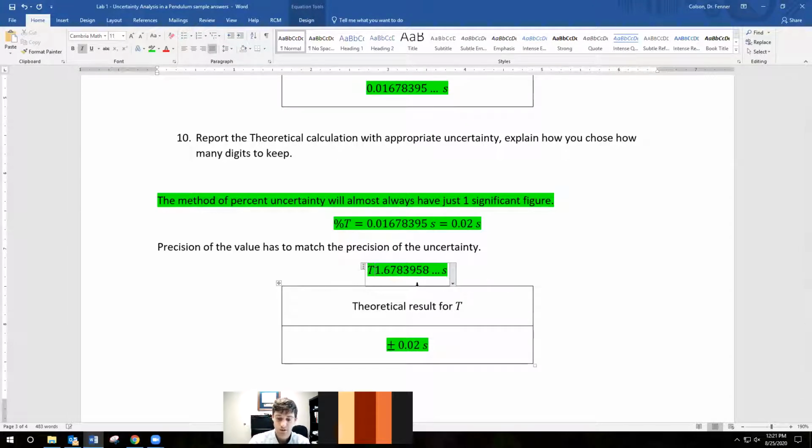The calculated value was t equals 1.6783958, and so if we match that decimal place, specifically when I'm saying match the precision, I'm saying matching the decimal place, which is the hundredths.